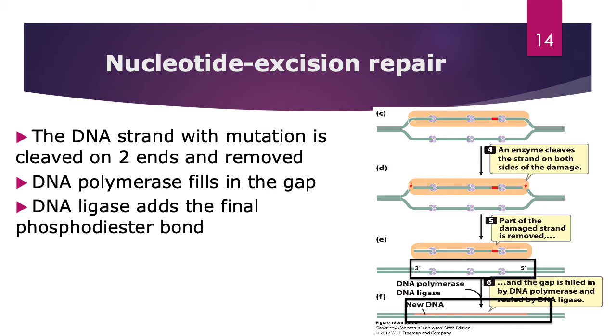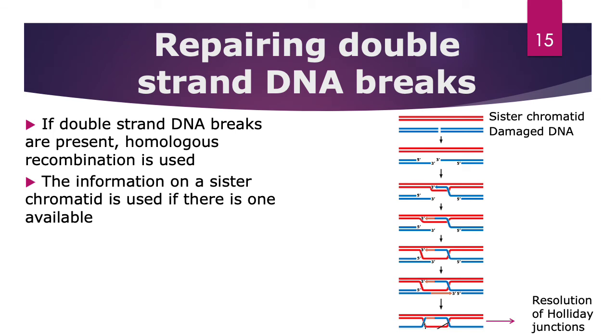All these examples that we have seen so far are when we have minor repairs in the DNA. Let's look at what happens when there are double strand breaks in the DNA. A lot of times, DNA can endure double strand breaks due to ionizing radiations and even UV radiations.